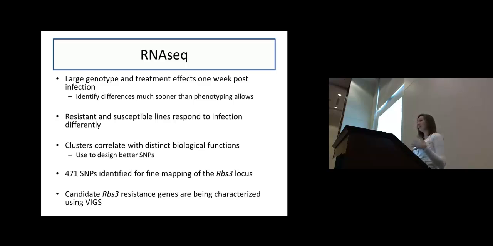And we can cluster all these genes by expression pattern, and all of these clusters correlate to biological functions. And we were able to identify 471 novel SNPs just in that RBS3 region, which we can use for fine mapping and for developing molecular markers. And we're currently using virus-induced gene silencing to characterize those candidate RLP genes in that RBS3 region.